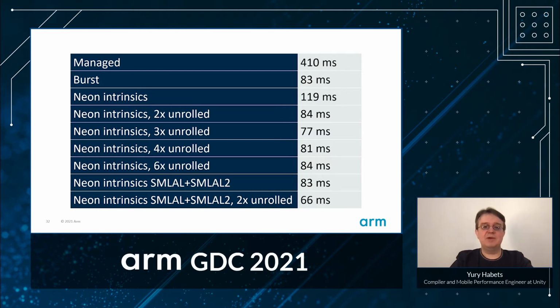For example, the 3x unrolled version, which is a bit faster here, was significantly slower on another modern phone. So use it with caution. The short and elegant smlal2 variant has about the same performance, and the 2 wide unrolled smlal2 variant takes only 66 milliseconds to complete. It is about 20% faster than what Burst has to offer. Fantastic.